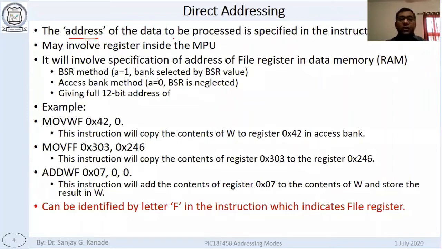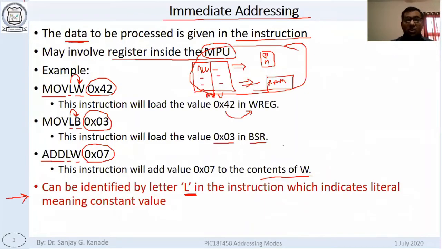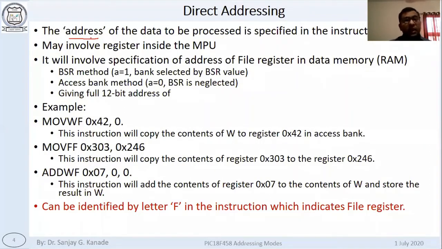Note down the difference between the first and second mode. The first one was immediate addressing mode, where the data to be processed was mentioned in the instruction. Whereas in the direct addressing mode, the address of the data to be processed is specified in the instruction.